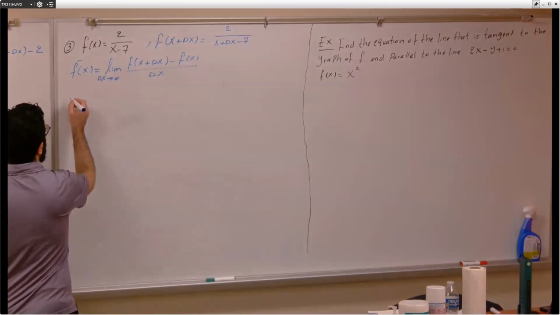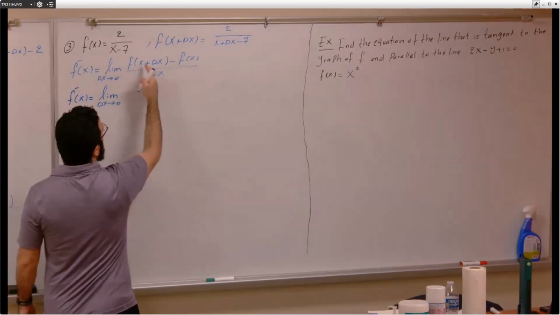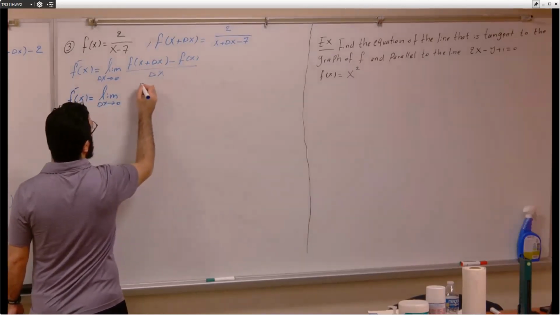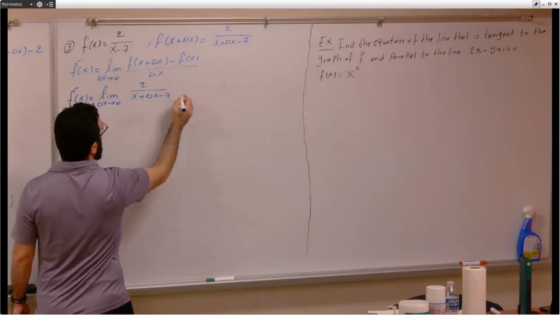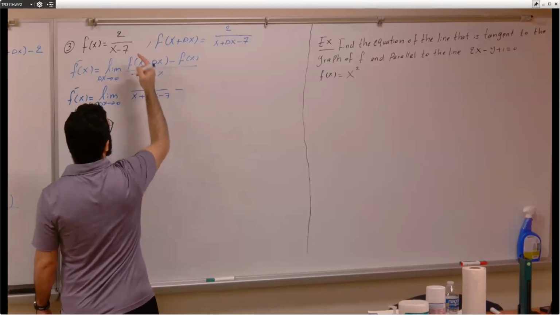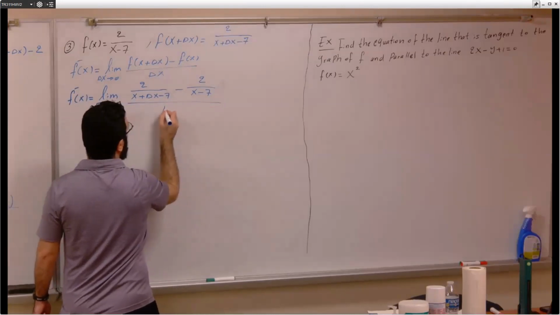So f prime of x is going to be the limit of 2 over x plus delta x minus 7 minus f of x, which is 2 over x minus 7, and everything divided by delta x.